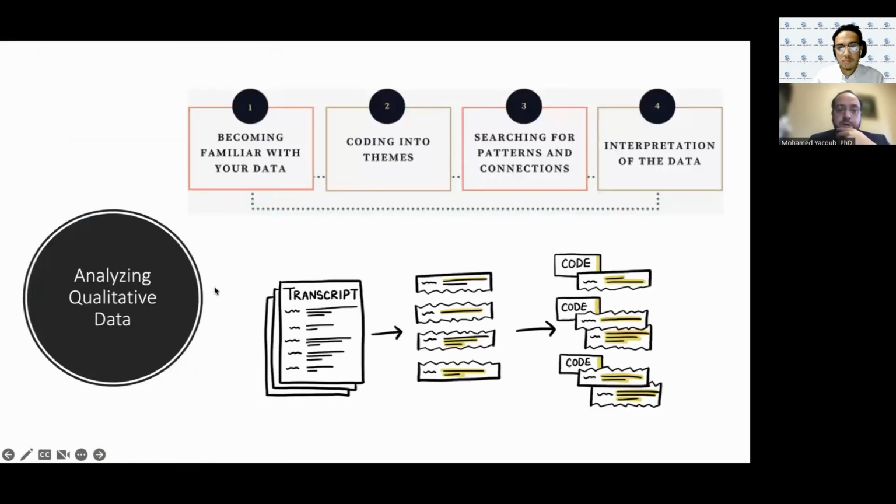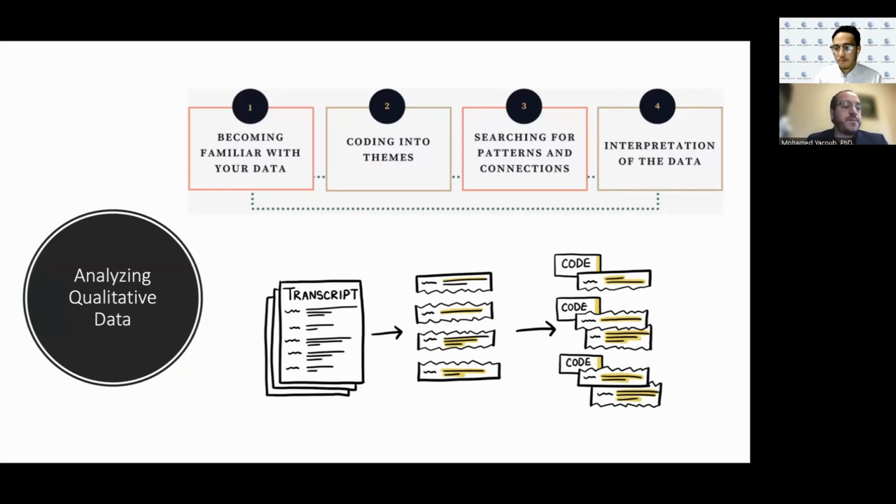Okay. Now let's move on to the data analysis. Now you came up with your research questions. You collected your data either from interviews, observation, focus groups, or documents. Now it's time to start analyzing your data. Number one, you have to be familiar with your own data.